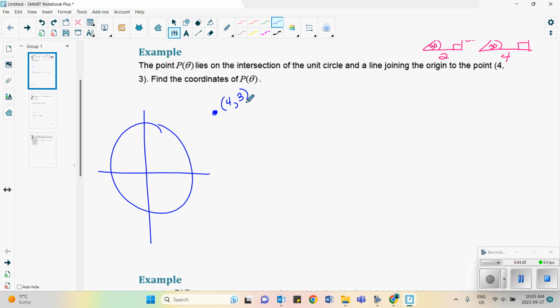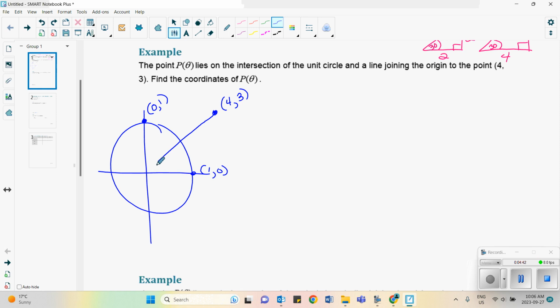Right? Because this point here would be 1, 0. It has a height of 0, 1, right? Like those are your key points on your unit circle. So this point has to live outside of it. So it says point P theta lies on the intersection of the unit circle and the line joining this point to the origin.